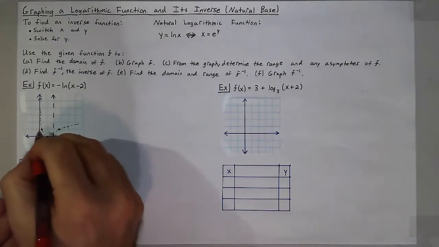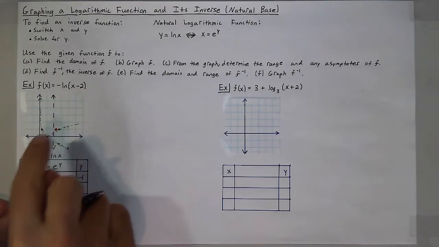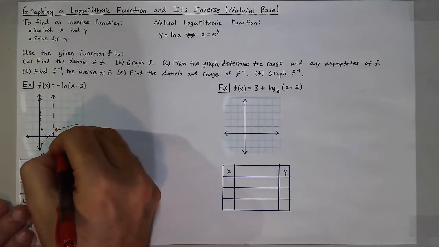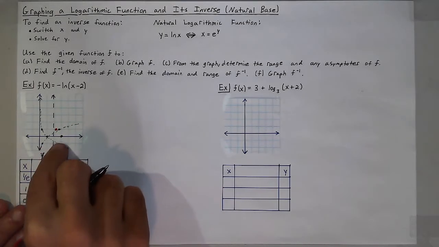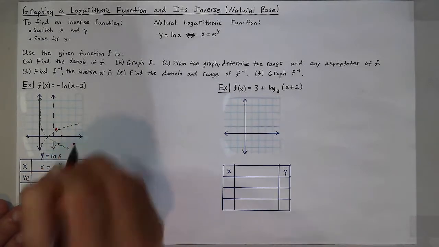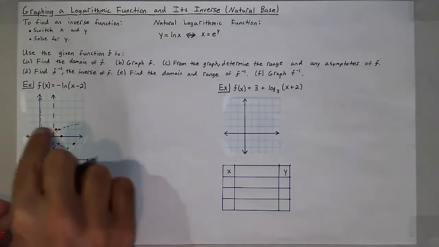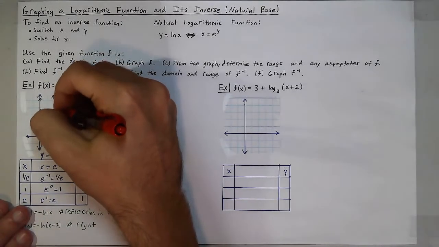So when I shift all the points right, I'm going to put this in red so it's highlighted for you. This one shifts right 2 to here, and this one shifts right 2 to here. So every point shifted right 2 from the downward one, giving me this graph.